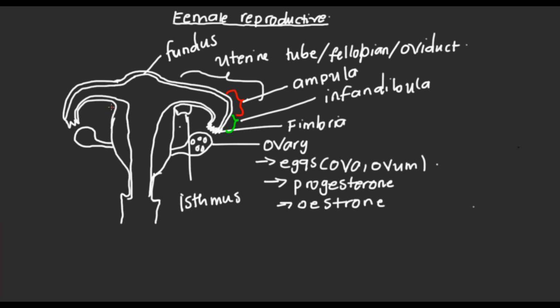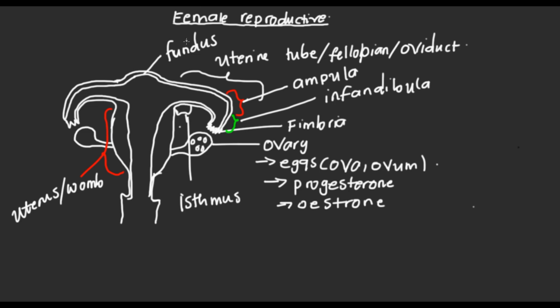So we have the uterus. The uterus has another name known as the womb. The function of the uterus, let's say if fertilization has taken place, is that this is where the development of an embryo occurs. So you need to make sure you take note of that.